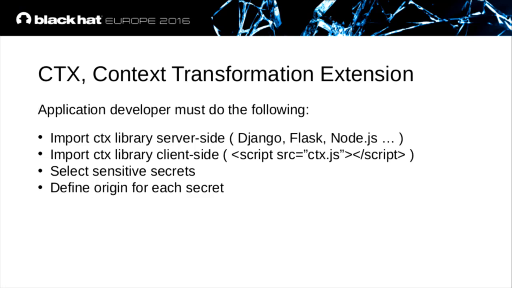Now, we could divide our whole response into many origins, one origin per secret, but this is the same as completely disabling compression, which is no good. And we could also have one origin for the whole plaintext, which would result in no CTX protection. So we need to define the origins for each secret.